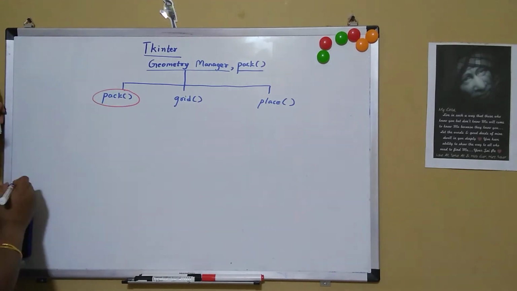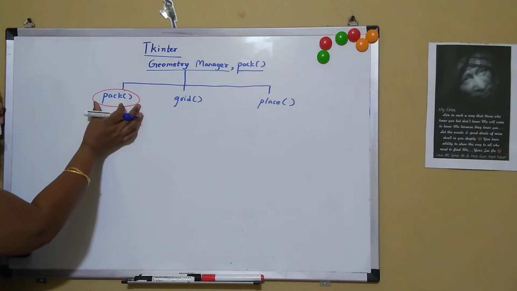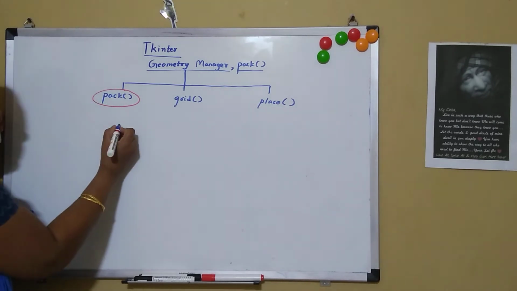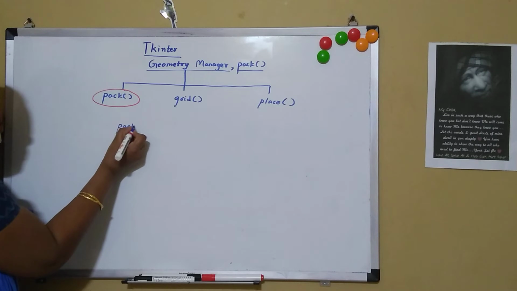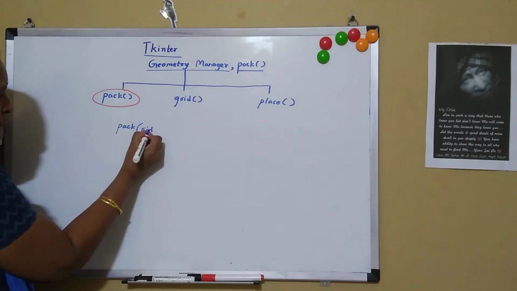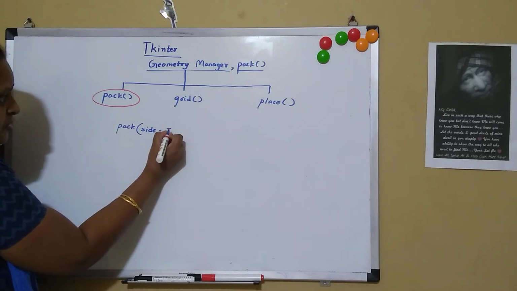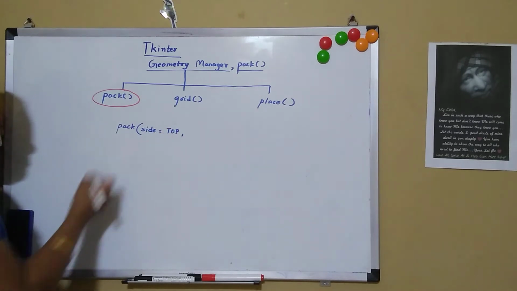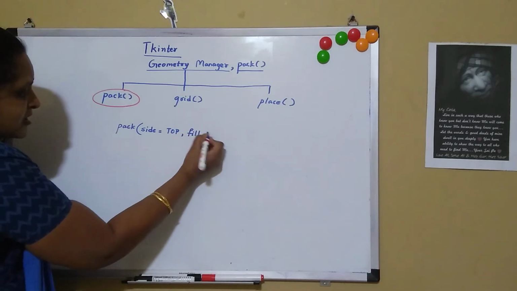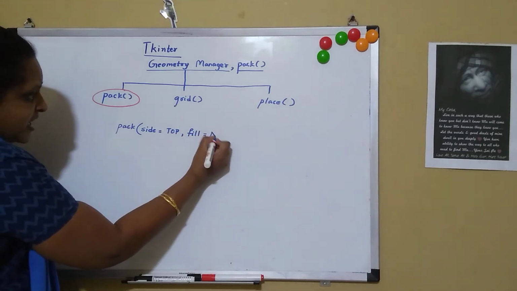After creating the widget, we have to specify in which position the widget has to be placed. So we go in for the pack method. The pack method has three parameters. One is the side, which is by default equal to top. Then we have fill, which is by default none.